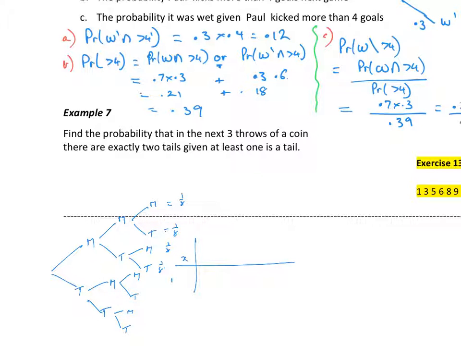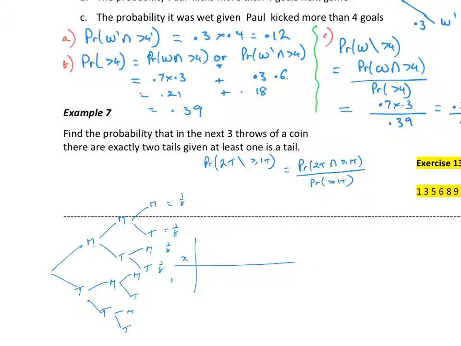Right, so I need the probability of 2 tails given at least 1 tail. So what's the probability in the next 3 throws there's 2 tails given there was at least 1 tail? So that's the same as the probability of 2 tails and at least 1 tail over the probability of at least 1 tail.